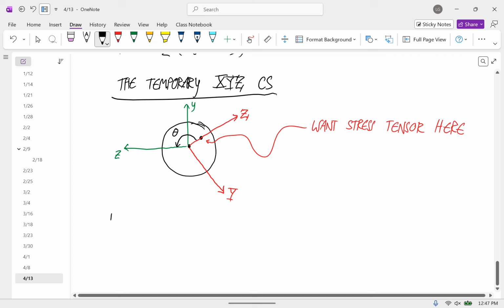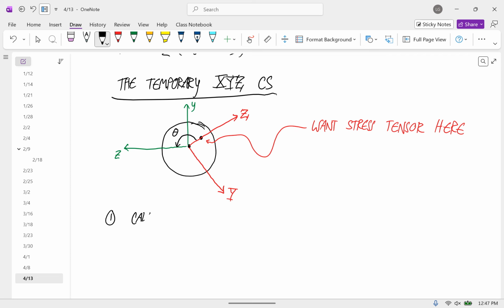So you'll first calculate the stress tensor in your X, Y, Z capital coordinate system.